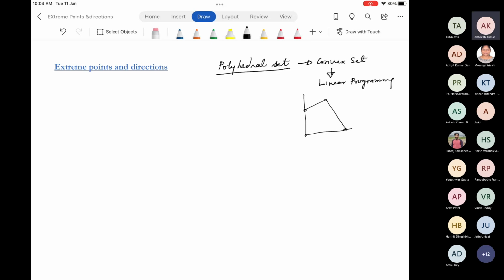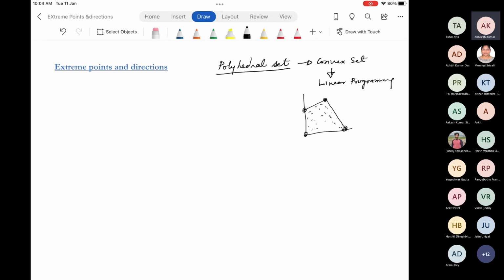Extreme points were of importance, and we have seen that if we move from one extreme point to another extreme point, we will have a solution, and that makes the simplex algorithm awesome. You do not have to evaluate every point in this set. You just need to evaluate the extreme points, and given the objective function structure, we can move in the right direction.